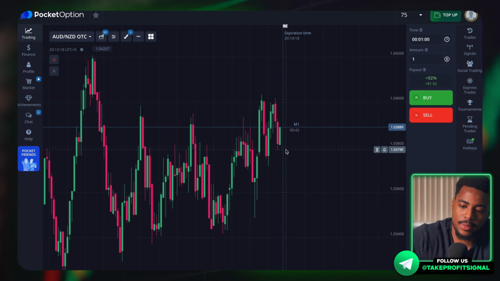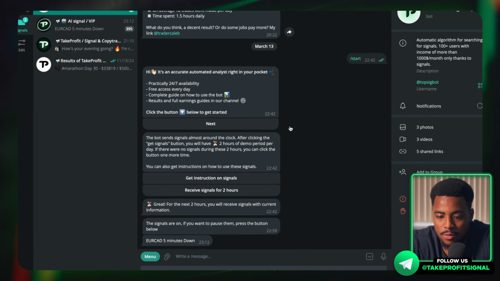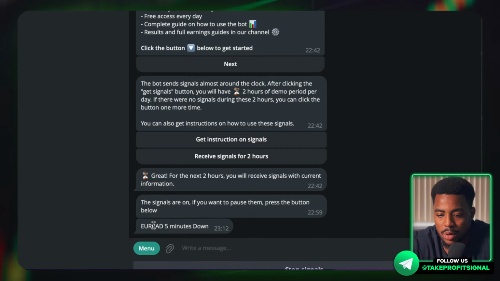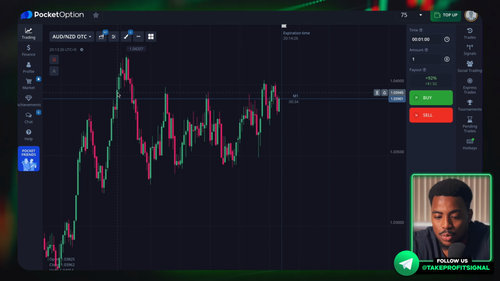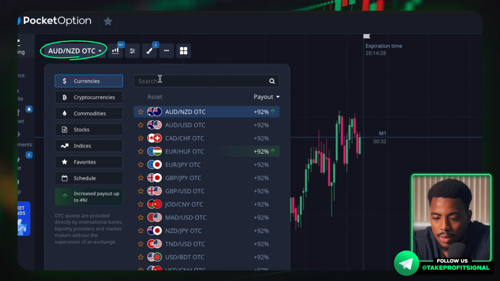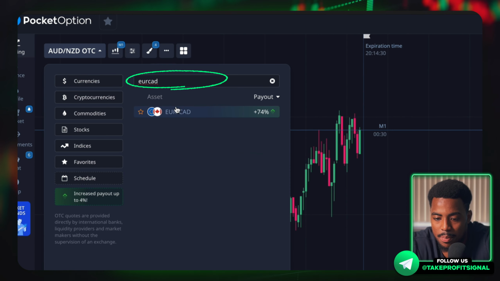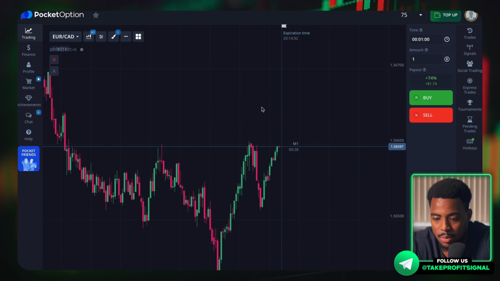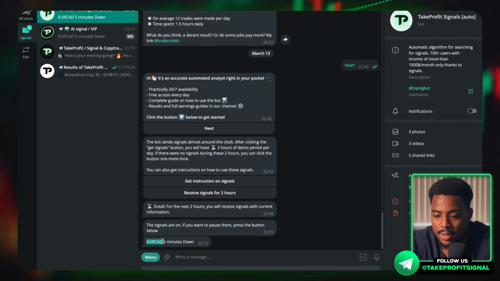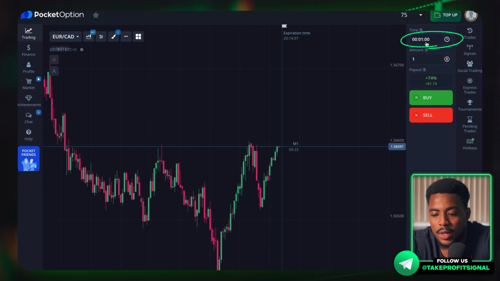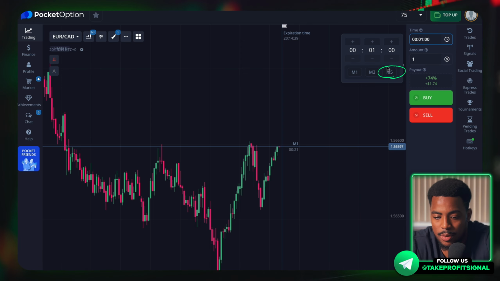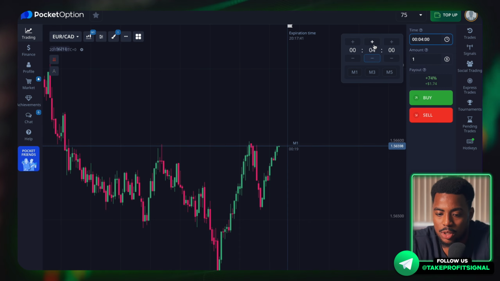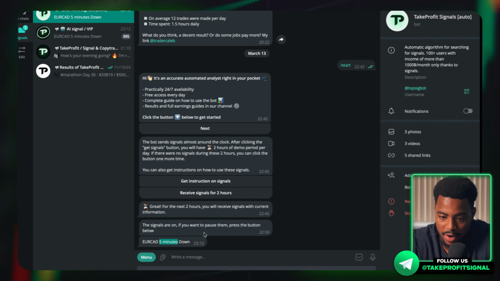So guys, I just got a notification from the robot. Let's open the trade with you right away, and I will explain the strategy to you at the same time. We copy the name of the asset, paste it onto the PocketOption platform, then look at our trade time of 5 minutes. We go here and click either M5 or on 5 minutes.